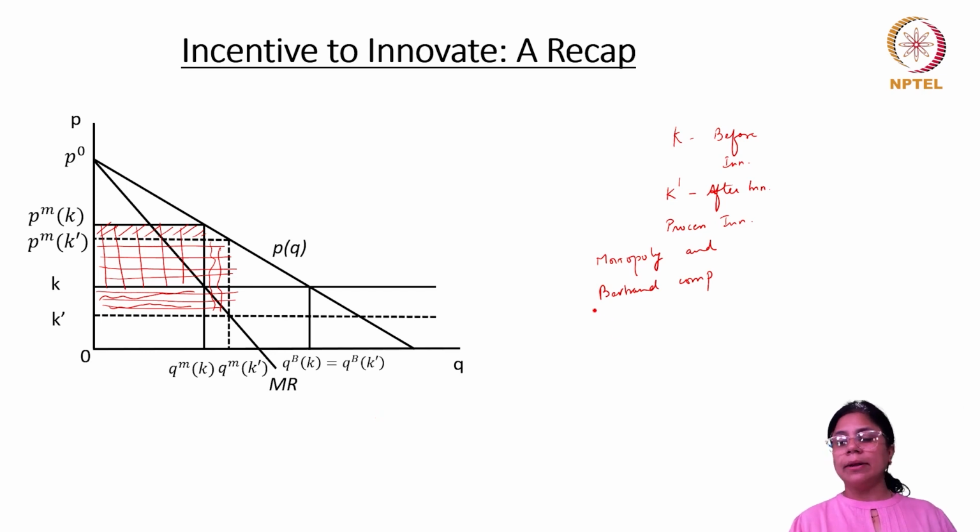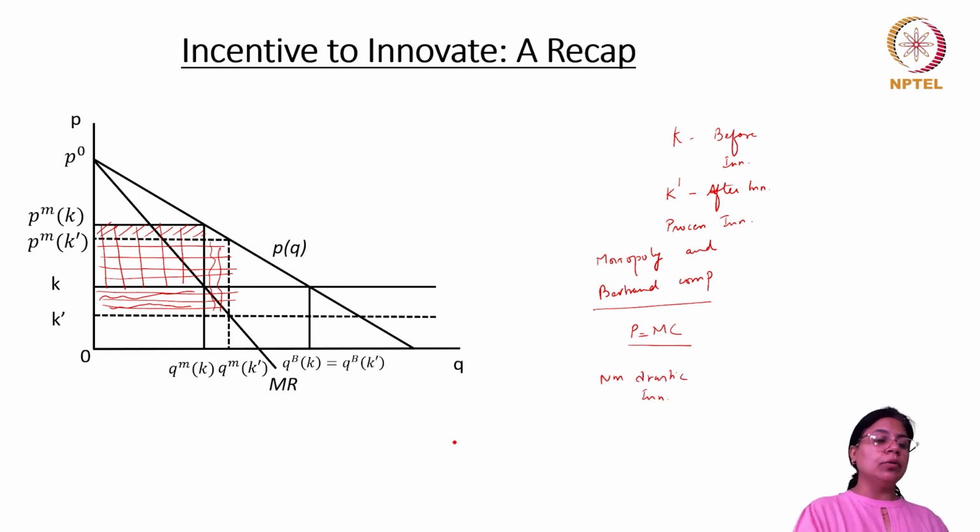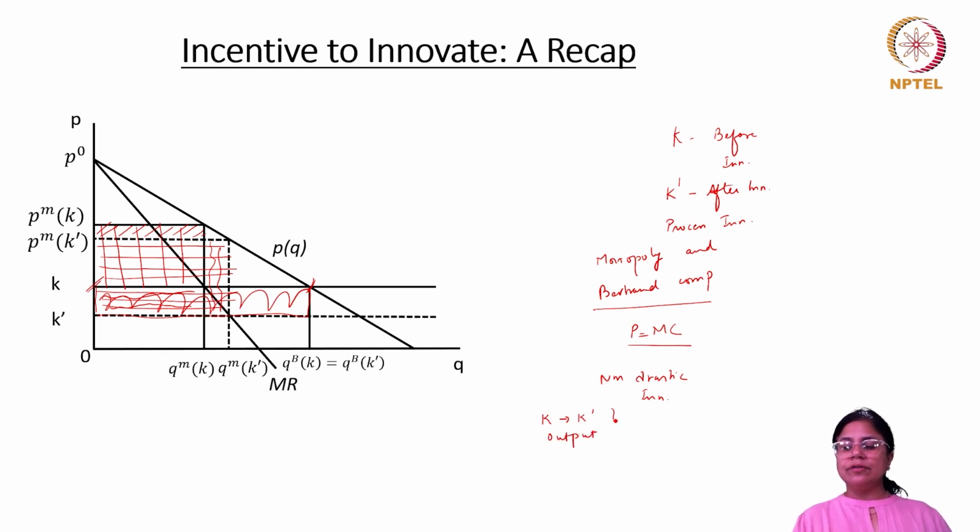On the other hand, when we are looking at a Bertrand competition, a duopoly situation whereby the price is equal to the marginal cost, we have seen that even in case of a non-drastic innovation, one of the competitors will continue with the price at K. However, if they innovate and reduce the cost of production, let us say from K to K prime, they will be able to enjoy profit, and that will be equal to the area determined by the decline in the cost from K to K prime and also the output that they will be selling at that point. So this comparison we will do in a mathematical model now.